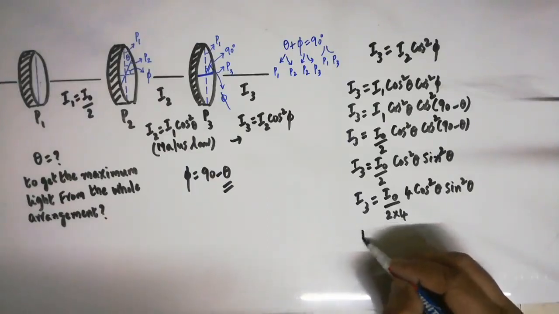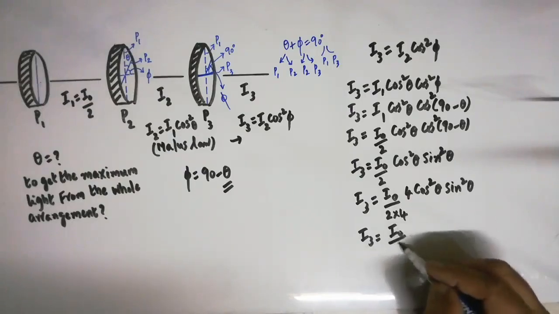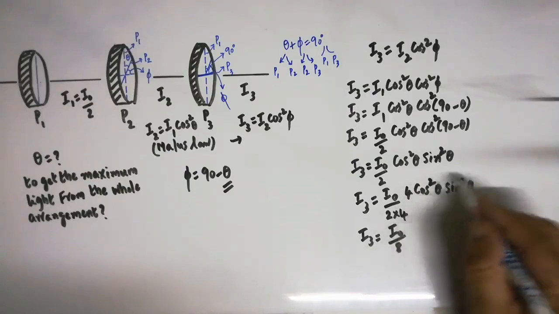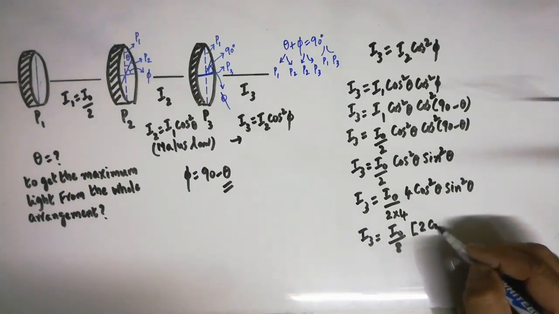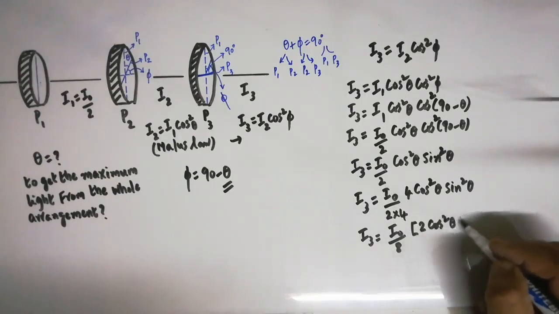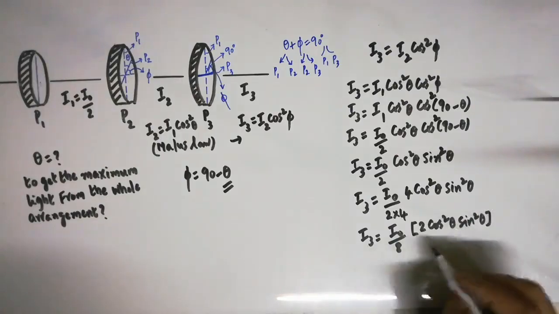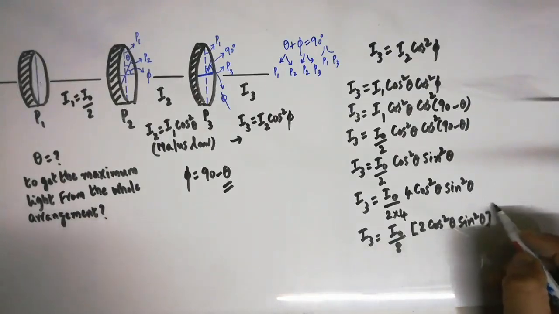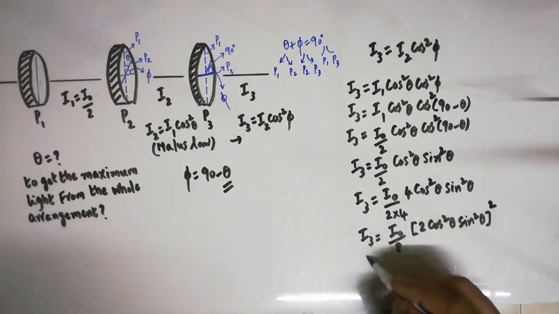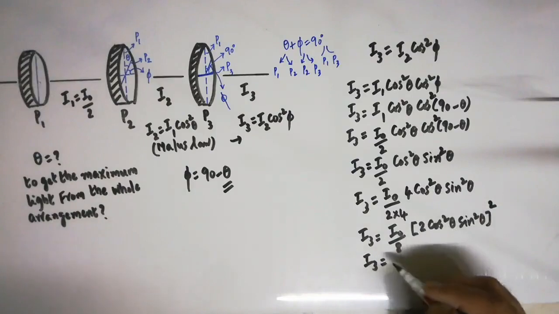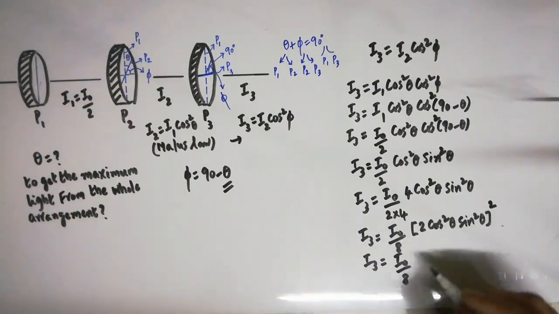Now in the next step we can write like this. So this factor becomes I0 divided by 8. The entire thing can be written as 2 cos square theta sin square theta can be written. Are you clear? After that, this entire factor must be squared. I3 is equal to I0 divided by 8.